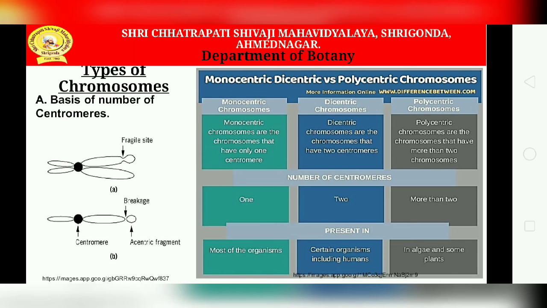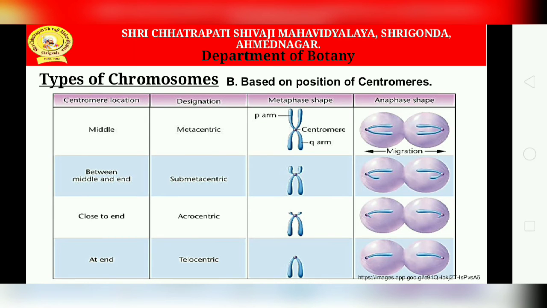So these are the types of chromosomes on the basis of the number of centromeres. Next, the types of chromosomes on the basis of position of centromeres. The first that we can see is the telocentric, the last one. It is a rod shaped chromosome with the centromere occupying a terminal position.